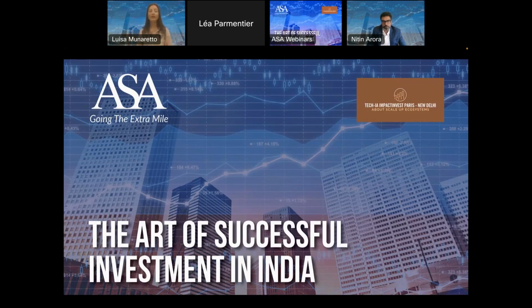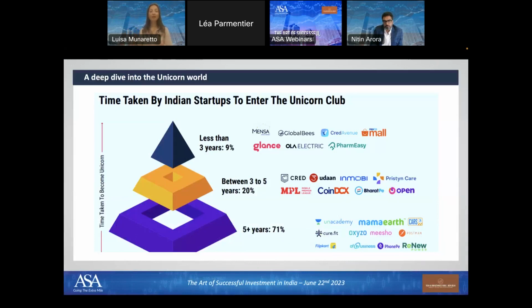The starting point would be which are the unicorns in India and how much time it takes to become a unicorn, which is clearly one of the shortest in the world if we compare with Europe essentially, and also the United States in some cases.